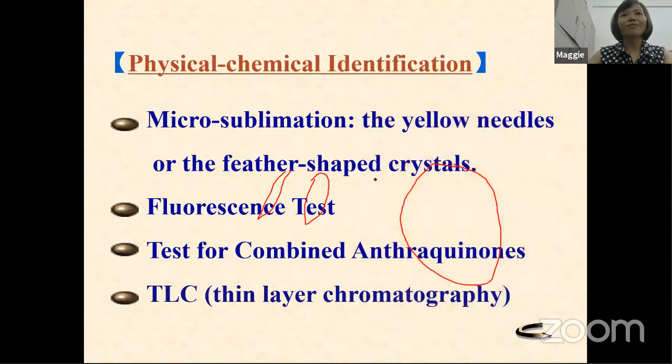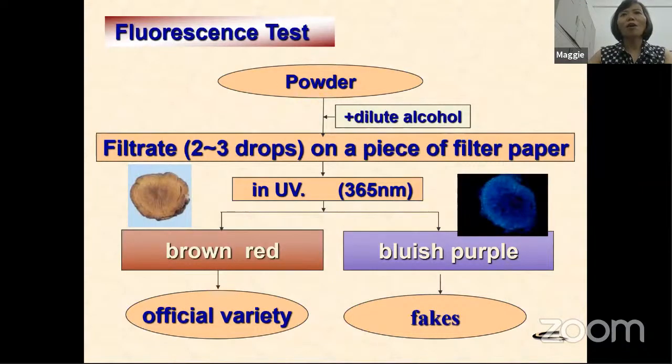Fluorescence test. Take some powder into a test tube, add some dilute alcohol, and then filter it. Take 1 to 3 drops of filtrate on a piece of filter paper and dry it, and then put it under the UV light. The crude drug shows brown-red, which indicates it is an official variety.